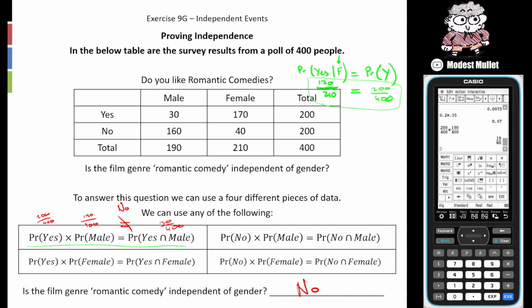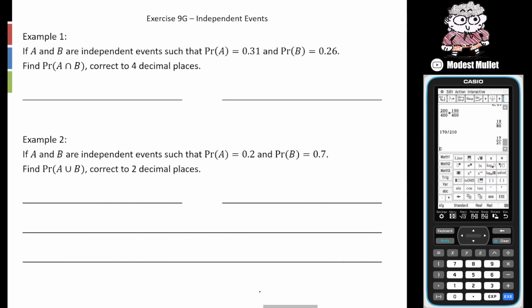This should technically be true, and we can see, simplifying, that's going to be half, and 170 divided by 210 simplifies to 17 over 21, and that is greater than half, so they are not equal. So they are also not independent. Being female does impact whether you're going to get a yes or not. So there we go, that's doing a check.